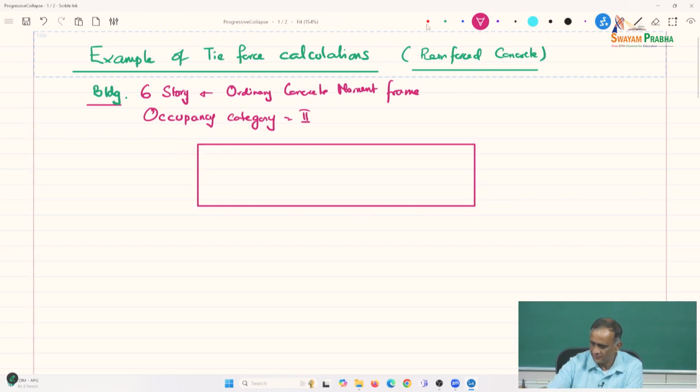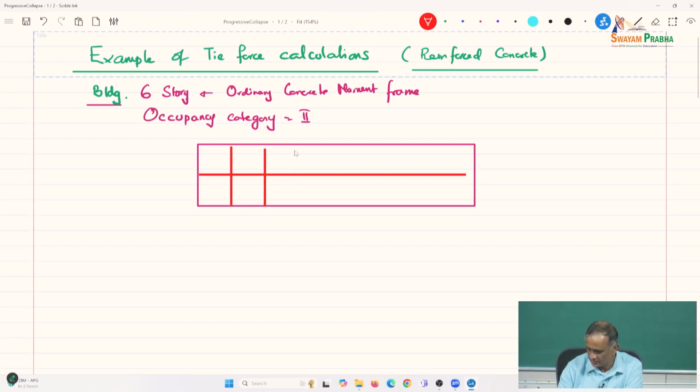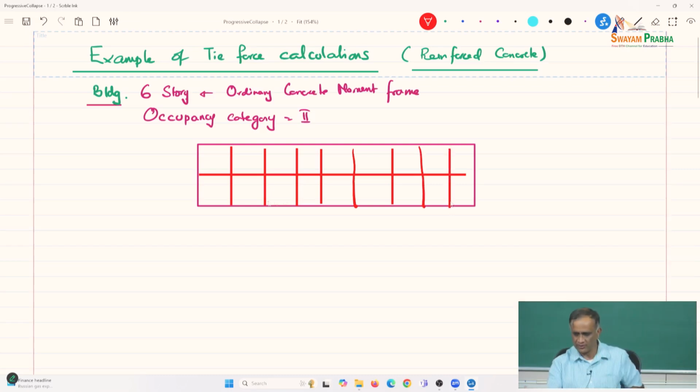So the building plan has 2 bays in the y direction and 9 bays in the x direction, counting 1, 2, 3, 4, 5, 6, 7, 8, 9.